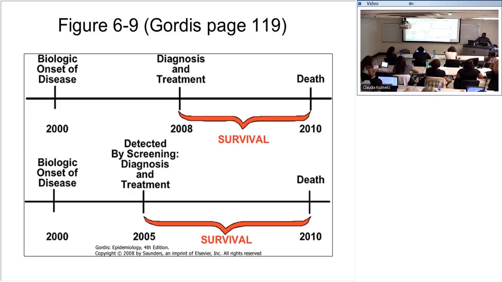But if you look at them, the onset is the same for both. It's just that the detection occurred earlier for the second patient. So they all lived with the cancer for how many years? 10 years. So actually our screening did not improve anything.